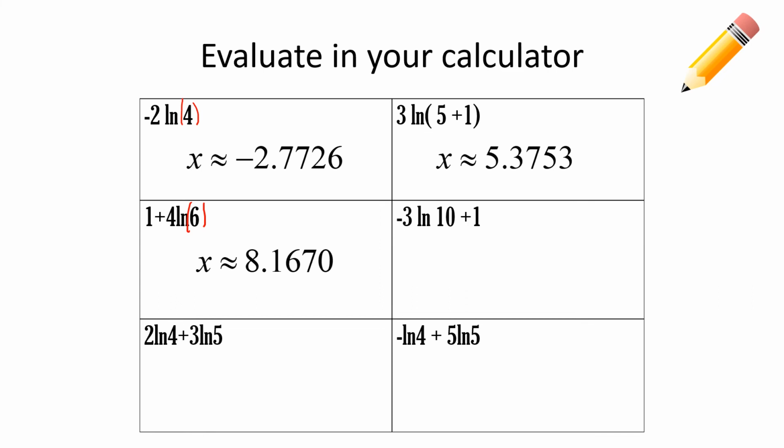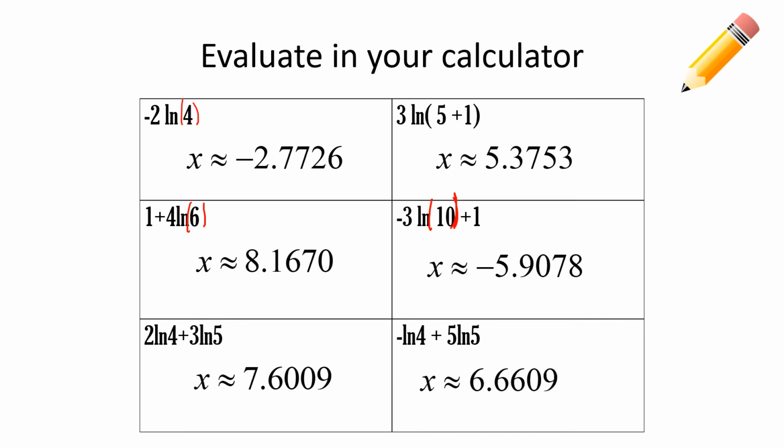So because we don't have a parentheses around 10 plus 1, you're going to punch in -3 ln and then 10 end parentheses and then plus 1. Okay? And that number should be -5.9078. And for the last two, you're going to plug them in just as you see it. So you should get 7.6009, and for the last problem, 6.6609.